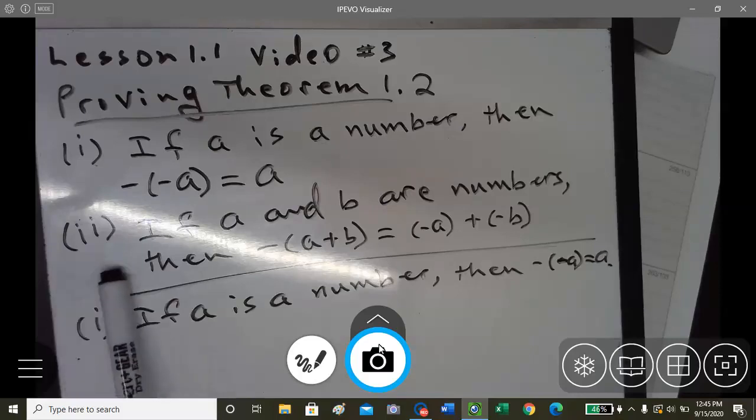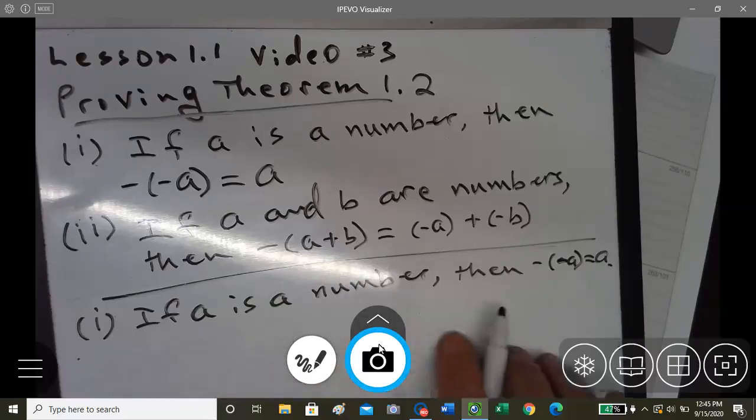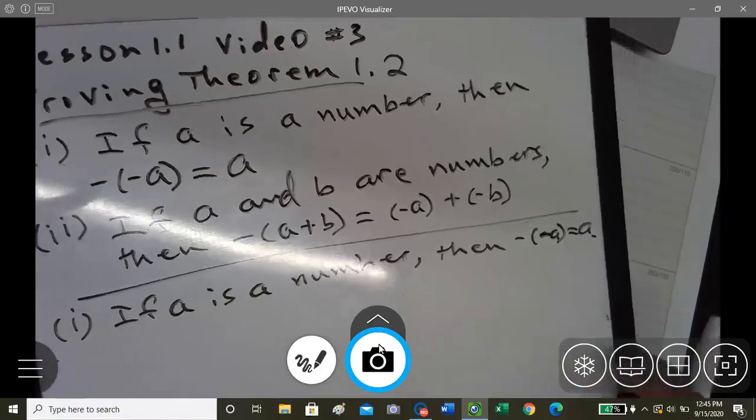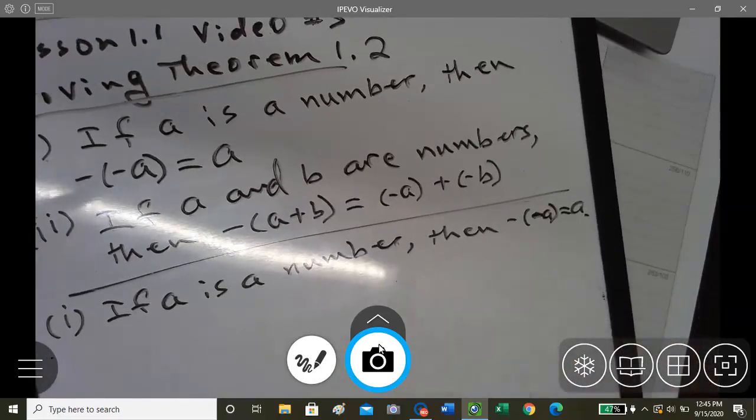And then 2, if a and b are numbers, then negative parentheses a plus b is negative a plus negative b. So the first one: if a is a number, then minus a negative a equals a.